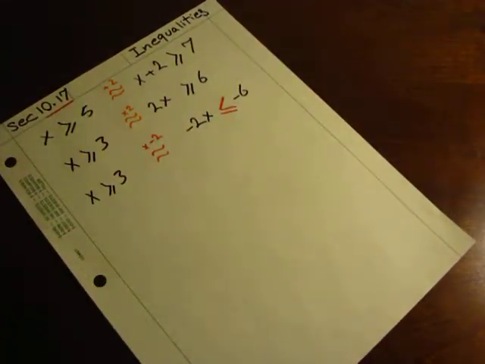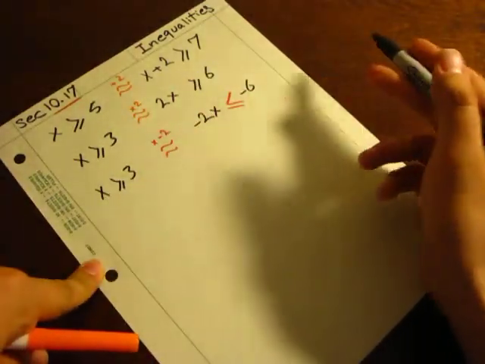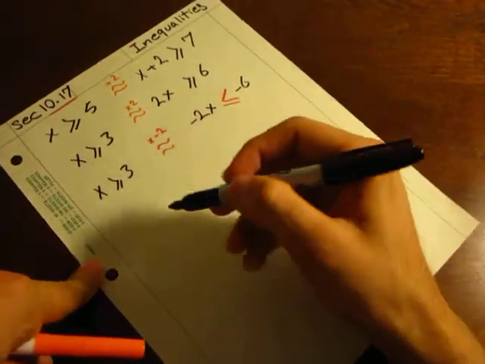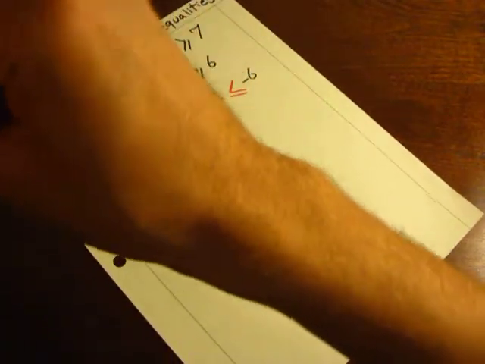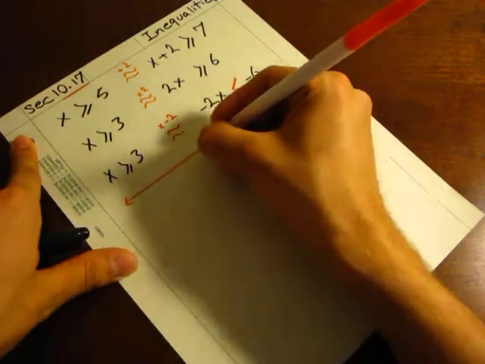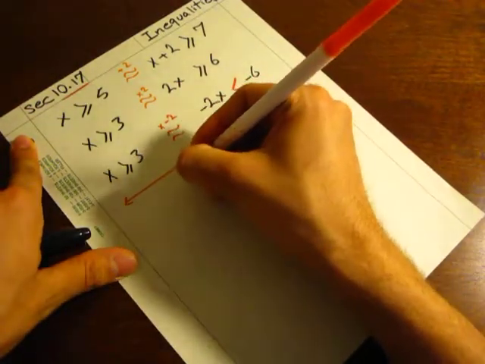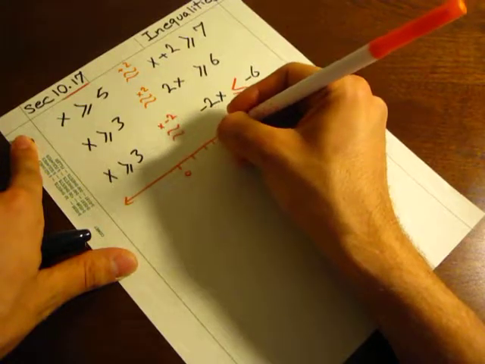So right now let's take a look at the graphical part of inequalities. Let me show one of these inequalities on the number line. For example, x greater than or equal to 3. I'm going to draw my number line right here. This is my 0, this is 1, 2, 3, 4.